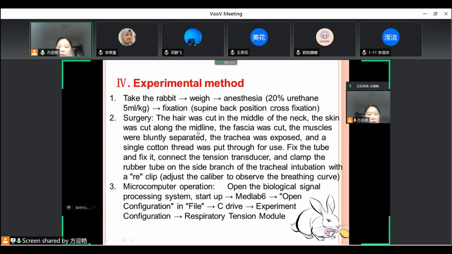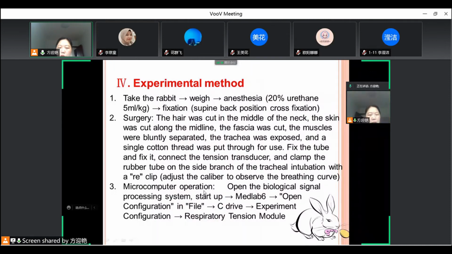The skin of the neck was cut along the midline, the fat and skin were cut, and the muscles were separated bluntly. Then the trachea is exposed. A single cotton thread was put through the trachea for later use, and the tracheal intubation was connected with the clip.